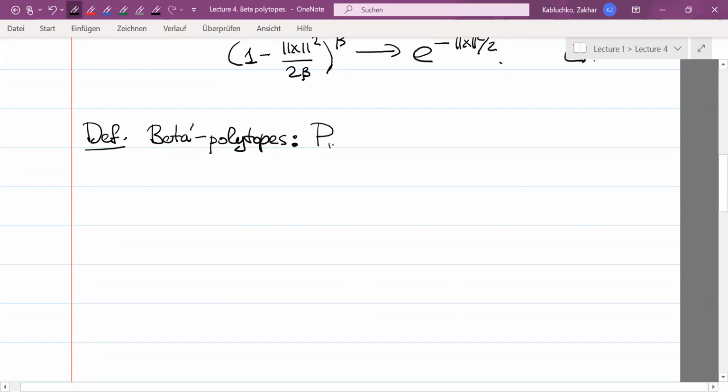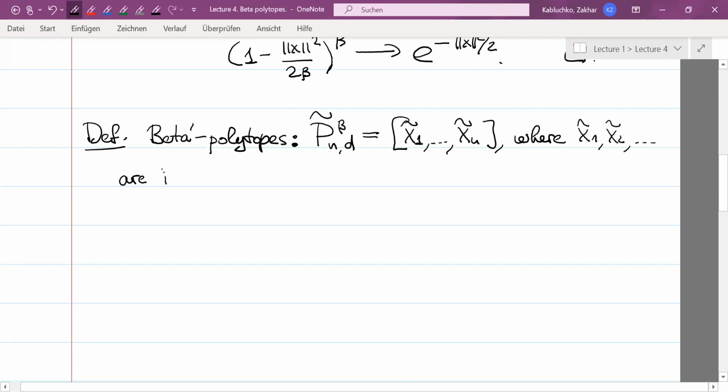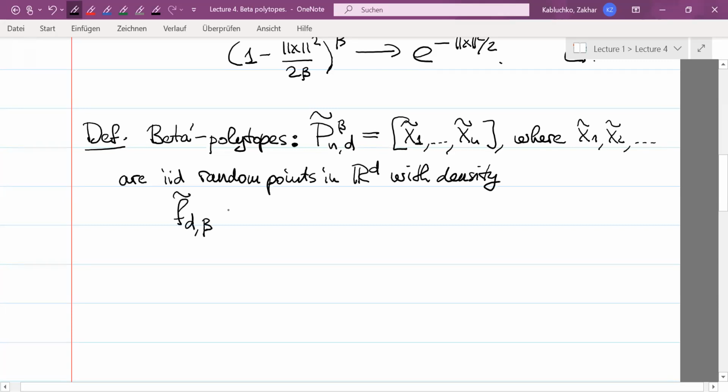So a beta prime polytope is a polytope of the form P_{n,d}^{beta tilde}, which is defined as the convex hull of X1, X2, and so on Xn, where these are IID random points in R^d with density given by the following formula: f_{d,beta tilde}(x) is, up to a constant which plays no role, (1 plus x squared) to the power minus beta. And this is defined for all x in R^d.